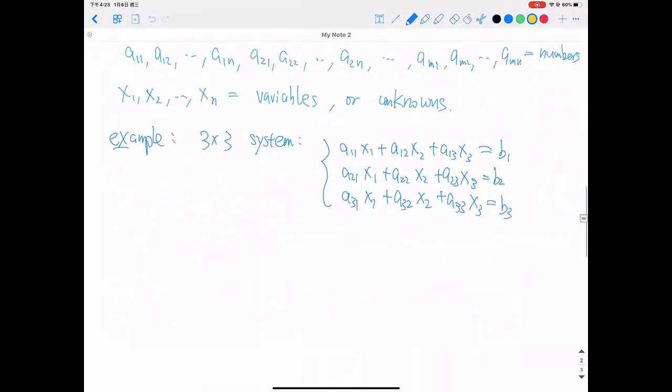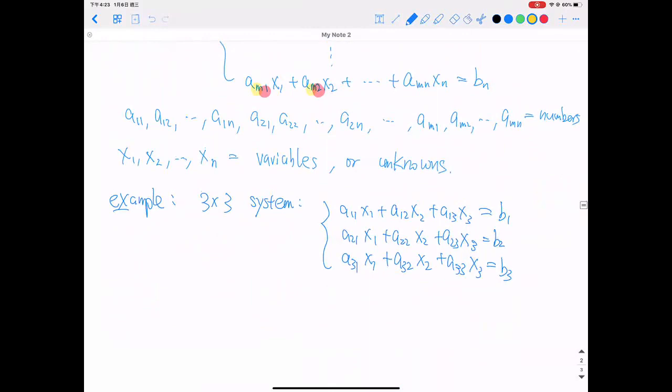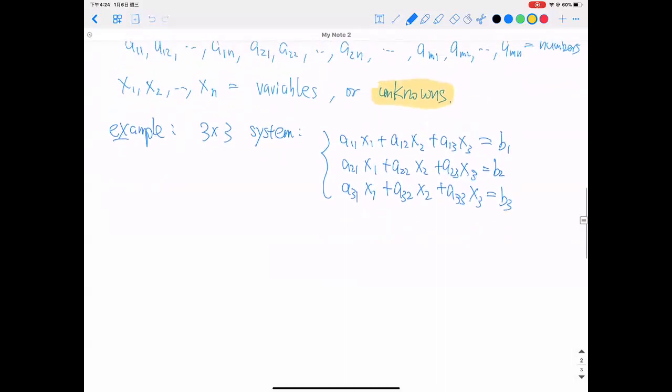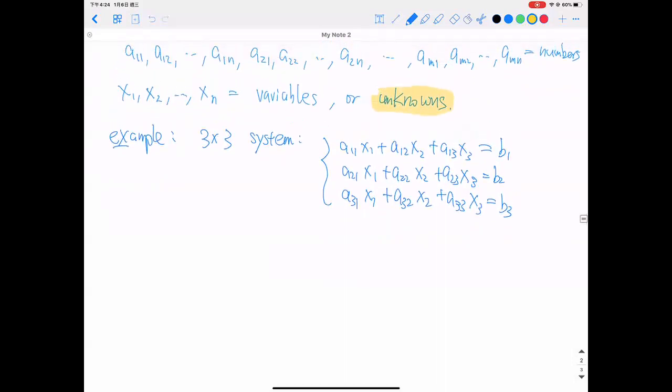These unknowns usually appear as some quantities that we don't know but would like to know, and these equations happen to be constraints or properties that these unknowns are supposed to satisfy. So what we really want to know about linear systems is their solutions. Right.